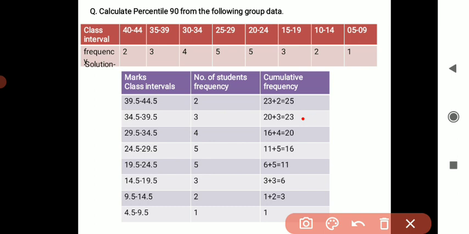So this class interval, 34.5 to 39.5, is our percentile class in which the 90th percentile lies. The next things we will do use this class interval.